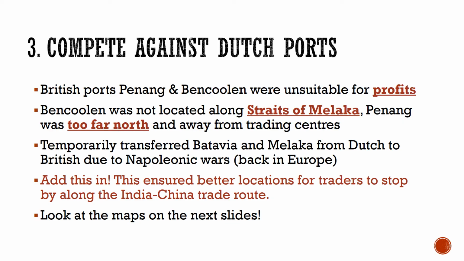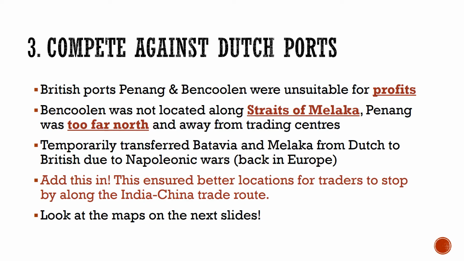So why would the British want to continue having these ports? Definitely they would not want to. So because of the Napoleonic Wars back in Europe, these two ports were temporarily transferred. Batavia and Malacca were transferred from the Dutch to the British. But what is so good about Batavia and Malacca?